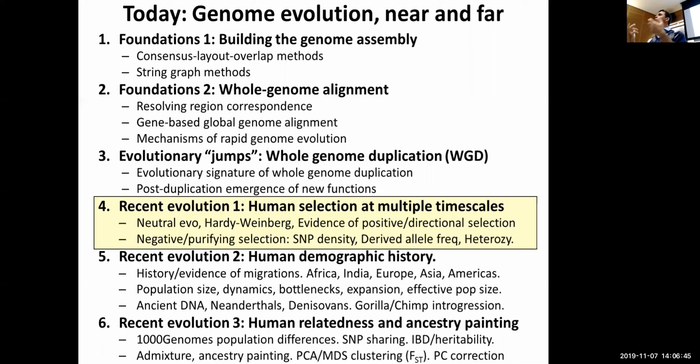So the question is, when did the whole genome duplication event happen? Was it when the yeast was reproducing as 1N, or when it was cycling as 2N? It's unclear. One possibility is that two different 1Ns that had diverged from each other came together and then duplicated, or two different 2Ns that were similar to each other came together and made it. It's unclear because this happened a long, long time ago.